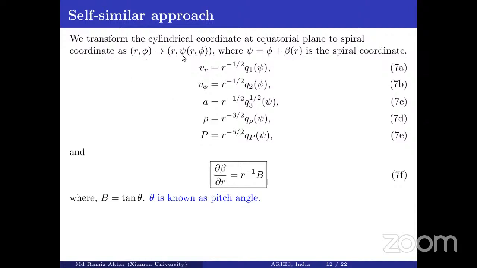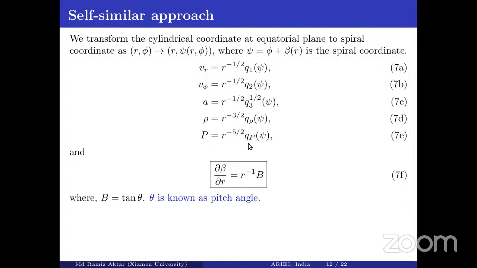We transform the coordinates like this, and we define a coordinate known as the spiral coordinate, where beta is defined like this, and capital B is tan theta, where theta is the pitch angle for our model. This is the self-similar relation. If we use this relation in our conservative equations, we can get the dimensionless equations.